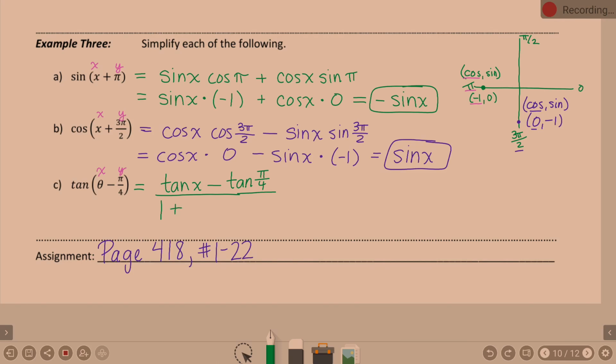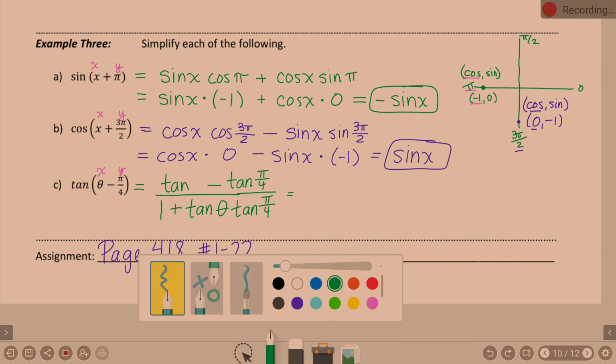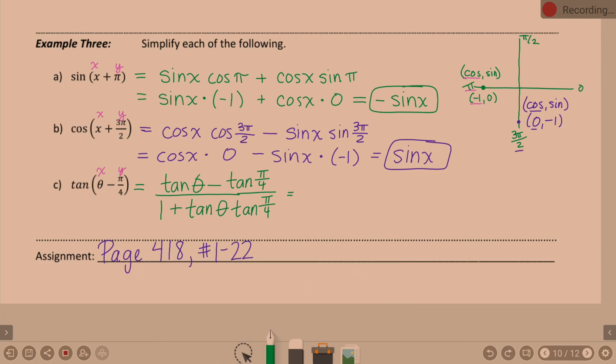I made a mistake on top. I don't know if anyone caught it or not. It's going to be tangent theta tangent pi over 4. What did I do on top? I stuck with x instead of theta, so let me go back and make that a theta. You're listening to what I said or watching what I wrote. Sorry.